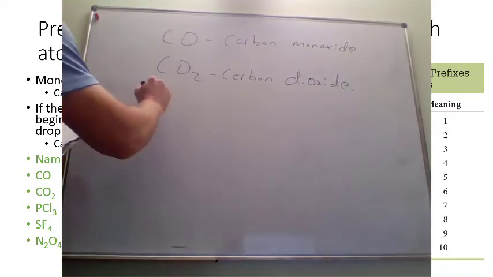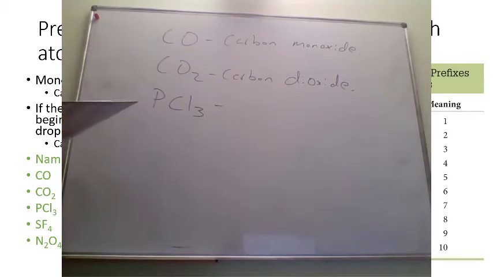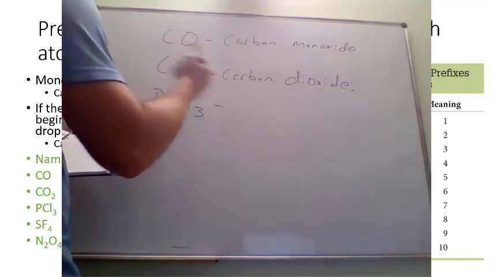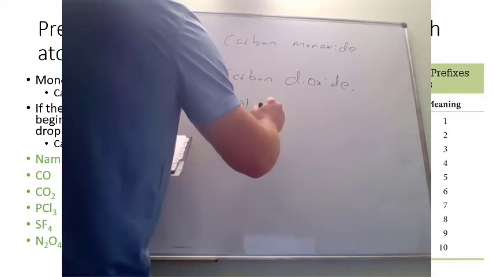All right, the next one, PCl3. All right, so the phosphorus is the more cation-like, the Cl3 is more anion-like. So that's going to be a monophosphorus, but again, we drop the mono, so it's called phosphorus.